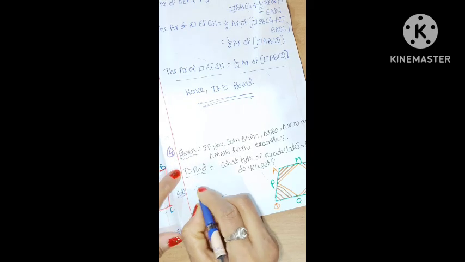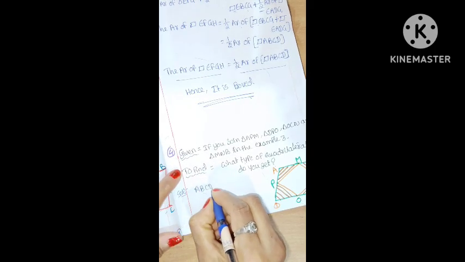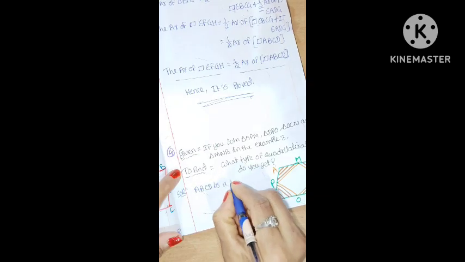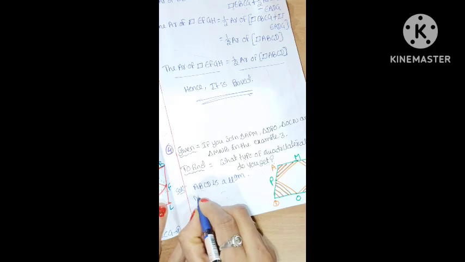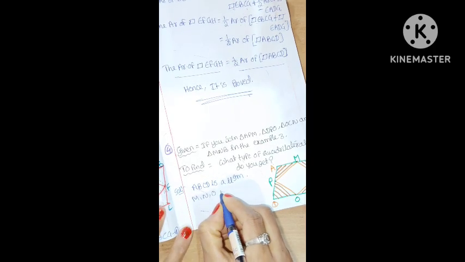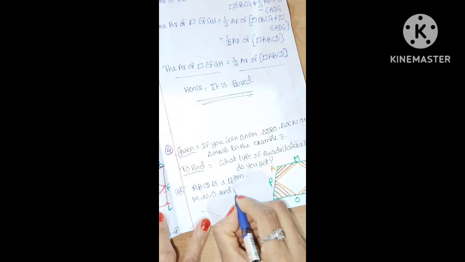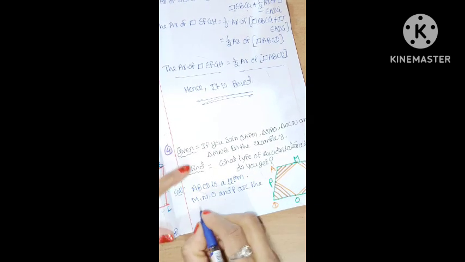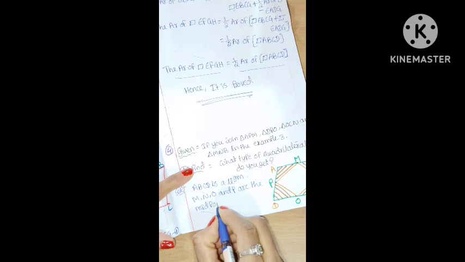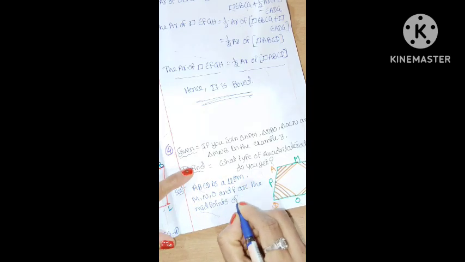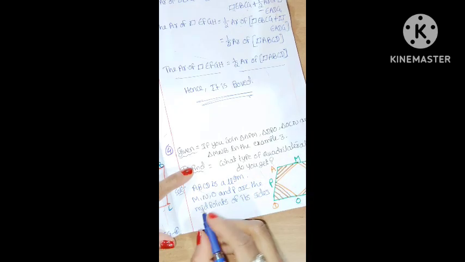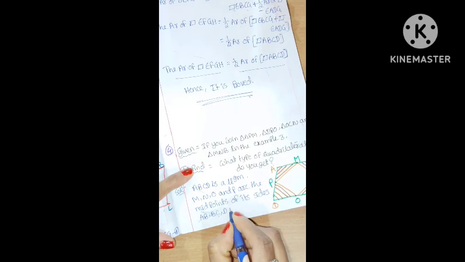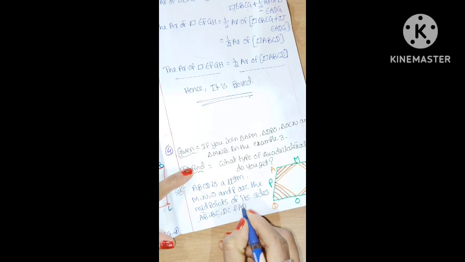First, ABCD is a parallelogram is given, and M, N, O and P are the midpoints of its sides AB, BC, DC and AD respectively.